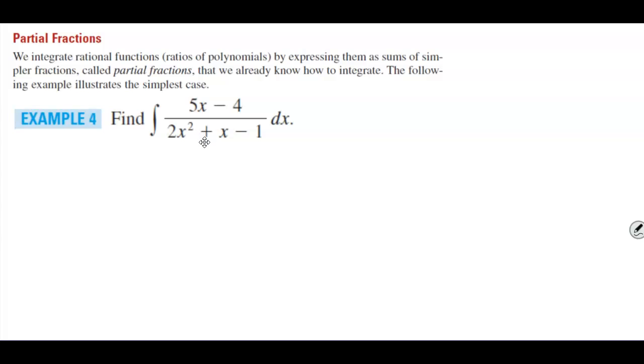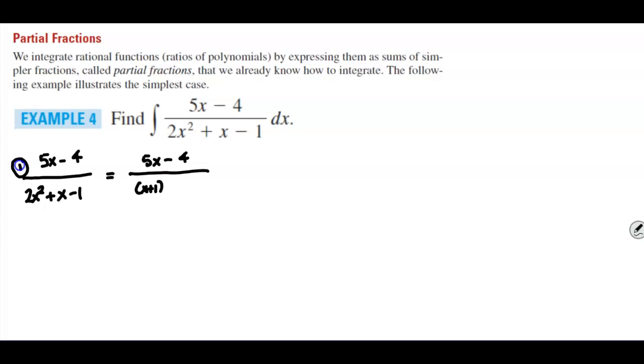So we notice that this denominator can be factored. So we know that we have 5x minus 4 all over 2x squared plus x minus 1. And that's the same thing as 5x minus 4 over, when you factor, x plus 1 times 2x minus 1.